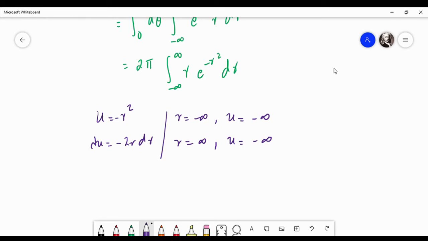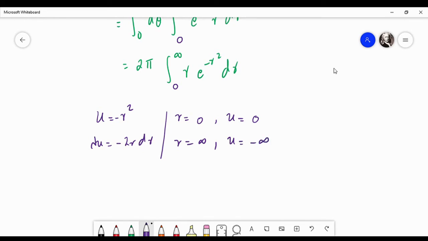Oh, excuse me, there's a slight mistake here. The r has to go from 0, not from minus infinity, because there's no meaning of minus here. So r goes from 0 to infinity. When r is 0, u is 0, and when r is infinity, u is minus infinity.